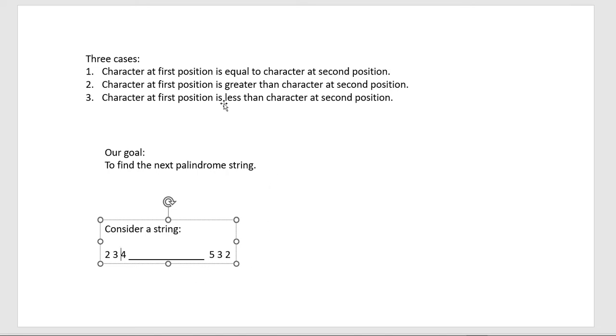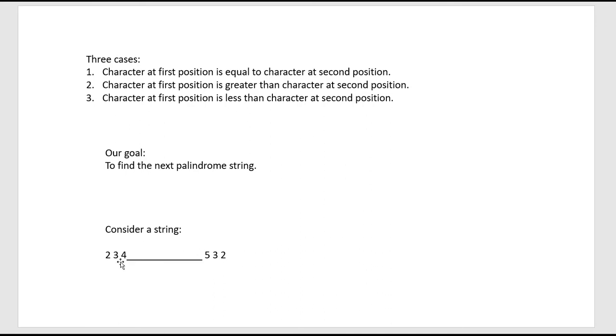This is the case 3, that is first position is less than the second position. The obvious solution that comes to mind is increasing this 4 to 5 to give us the next palindrome. However, that might not give us the correct result, because in further iterations it might happen that this inner string gets its value increased.